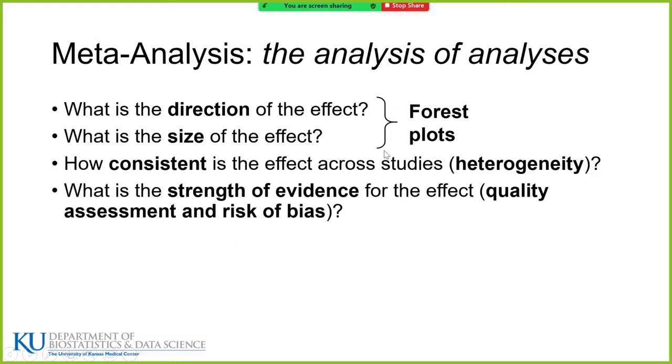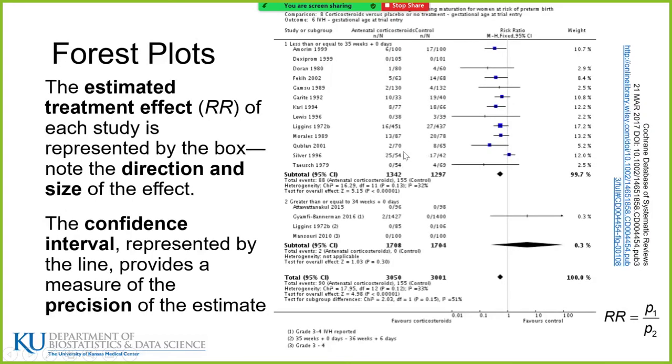Visually, meta-analysis gives us a lot of cool tools for looking at the current state of evidence, the first being the forest plot. So if you take a look at a meta-analysis from the literature, what you often see is something like this. It's a table, you see lots of different studies, some descriptors, and then you see these lines for each of the studies. And this is called a forest plot.